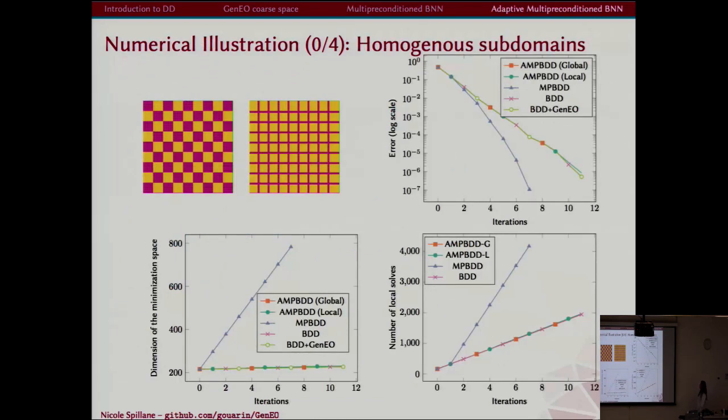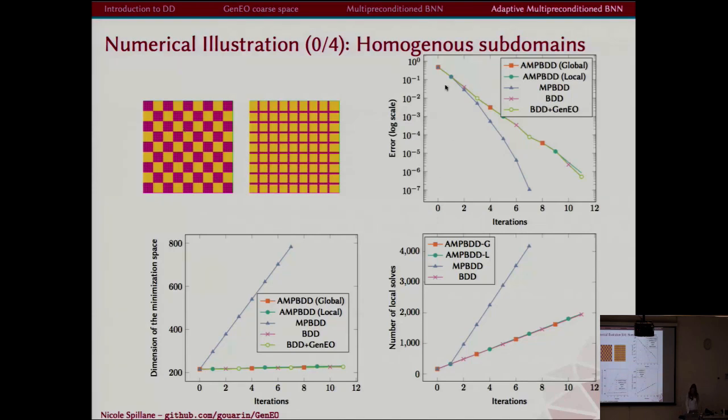Right, so now some numerics. This is not the most impressive test case, I have to admit, but it is quite an important result. I solve our test problem with the materials again, and this time I have a regular partition into subdomains. So this means that I only have one material inside each of my subdomains. This is a problem that we know to be easy for domain decomposition methods, and I can see it here.